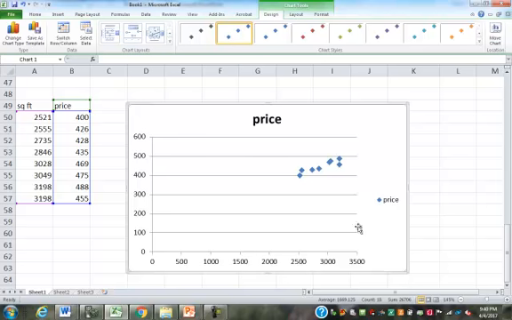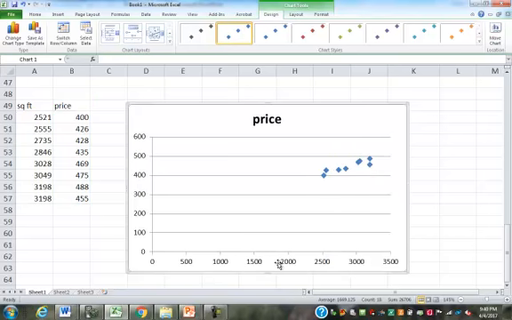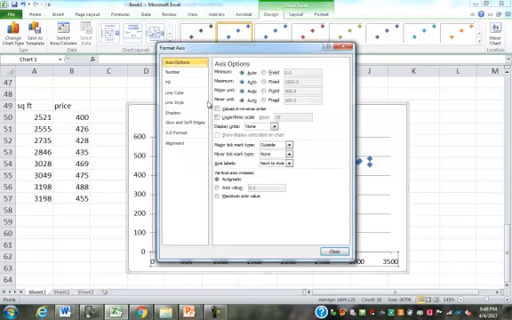And there it is. You can see it puts the price listed on top. That's not what we want for the title, so it didn't label our axes very well here. I'm going to get rid of this as my key. I'm going to get rid of that. I am going to format this axis. I got to change it around. I want to set the minimum number.